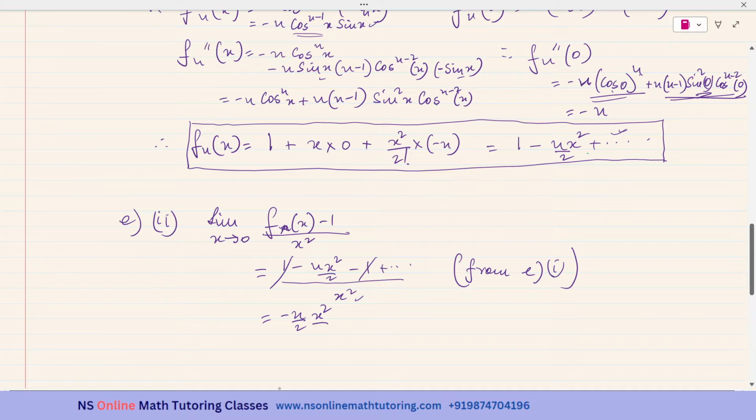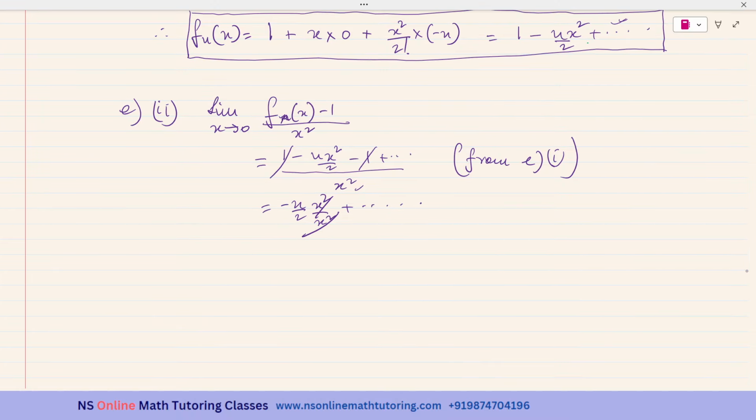I'm separating the terms, and plus dot dot dot. And I have to actually write the limit over here. You continue writing limit till you are having the x in the expression.